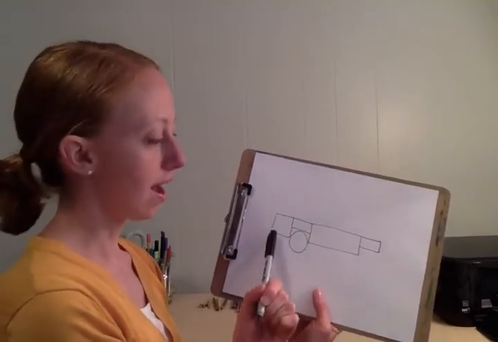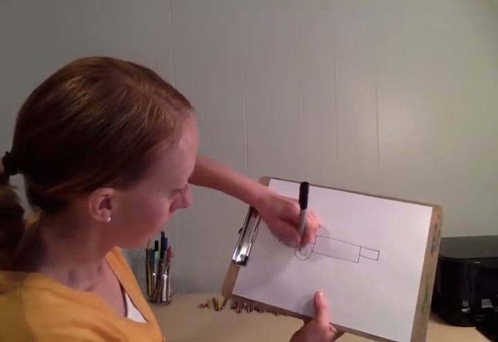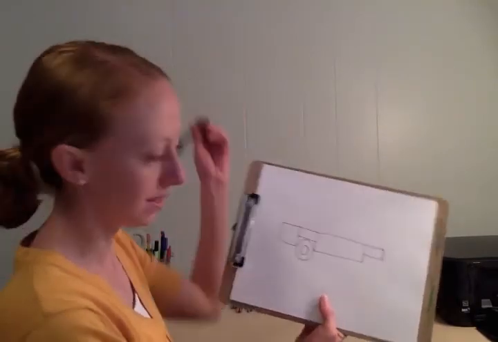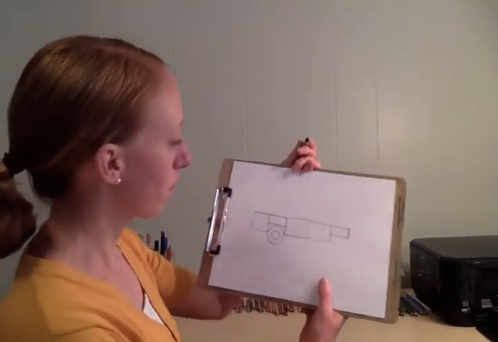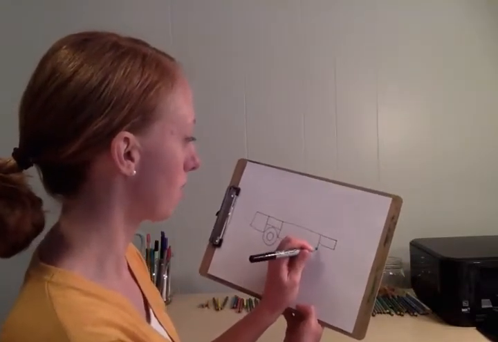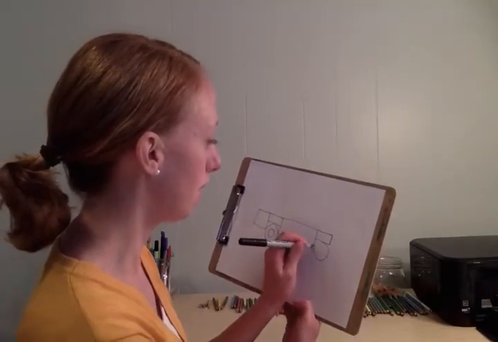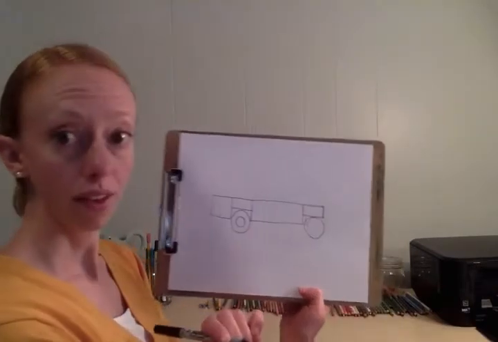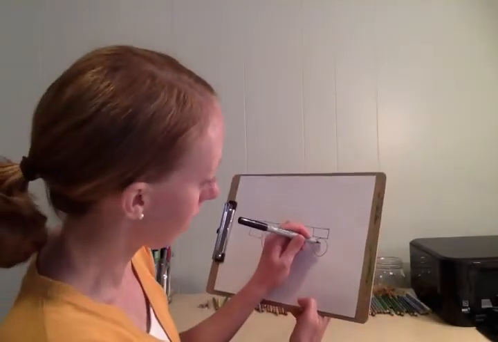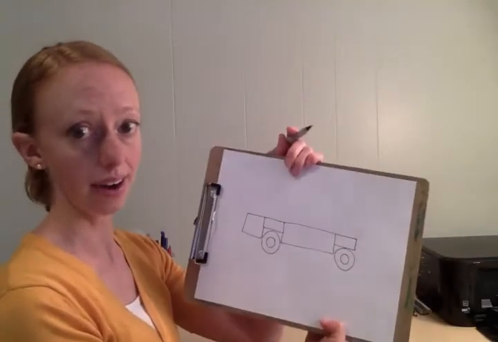I'm going to draw a bigger circle for the outside and then a smaller circle inside, and then over here the same thing. So in this little corner that's empty, I'm going to draw a big circle for the outside of the wheel and a smaller circle for the inside of the tire.